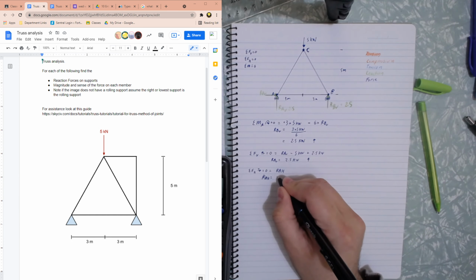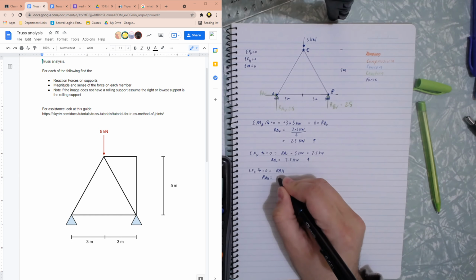If force BC is coming down at 59 degrees, then this part of the force over here should be cos 59 times force BC, and this is going to be our horizontal portion.